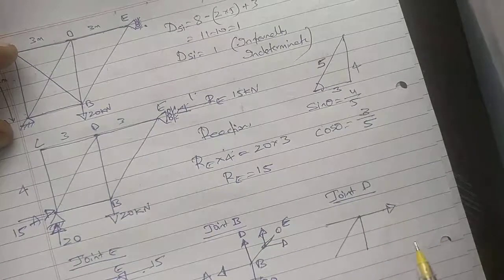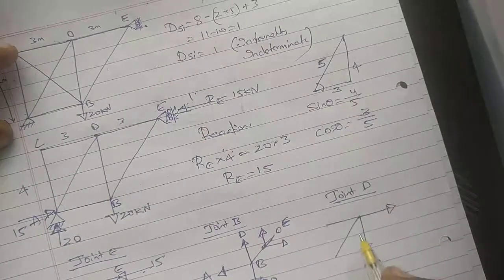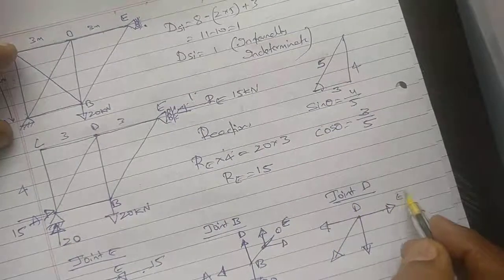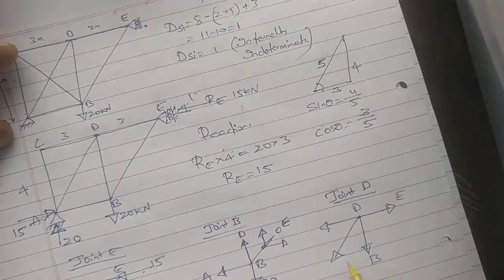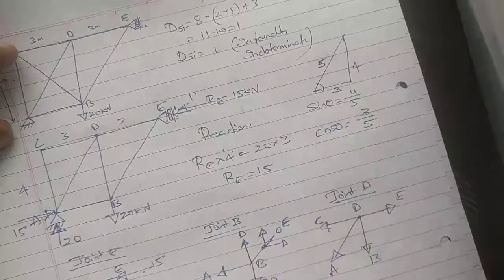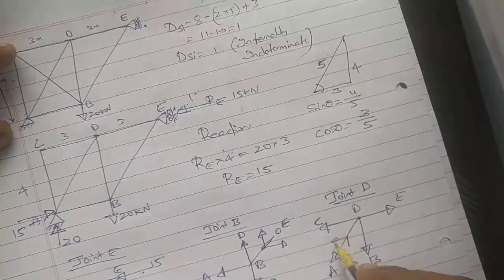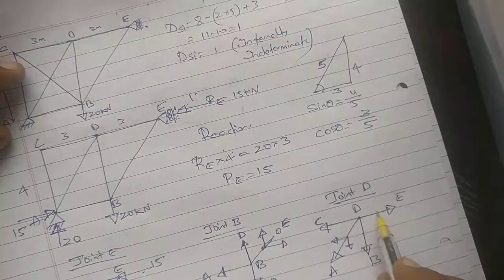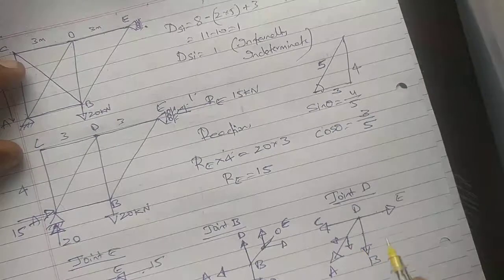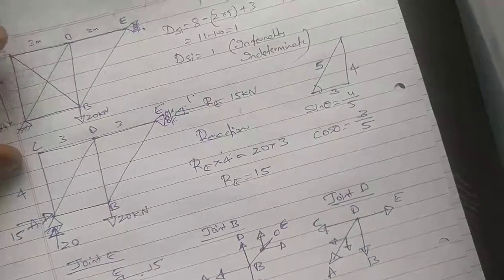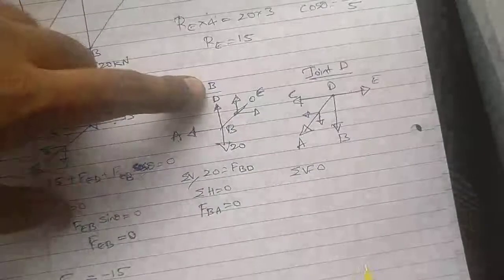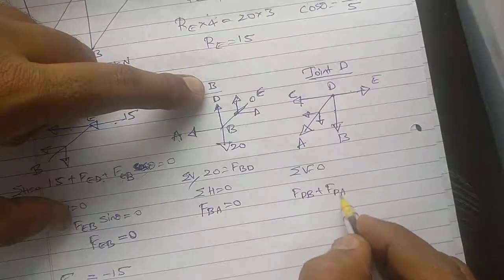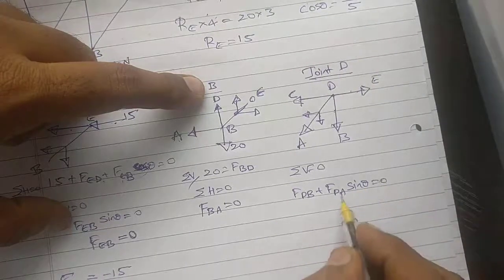Away from joint, away from joint, away from joint, away from joint. This is D, this is E, B, A and C. So in this, we know this one, we know this one. We go for sigma V is equal to 0. FDB plus FDA sin theta is equal to 0.